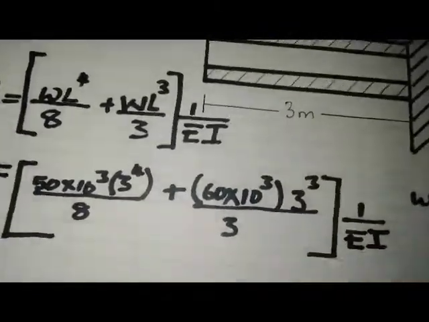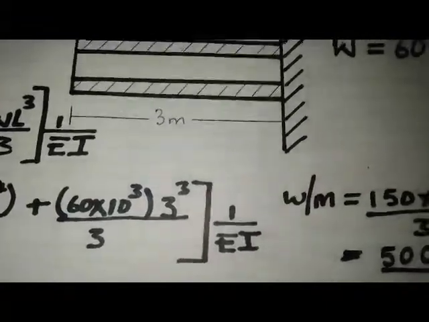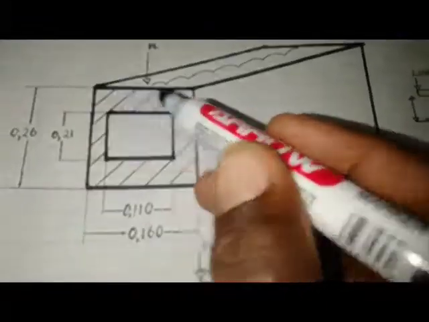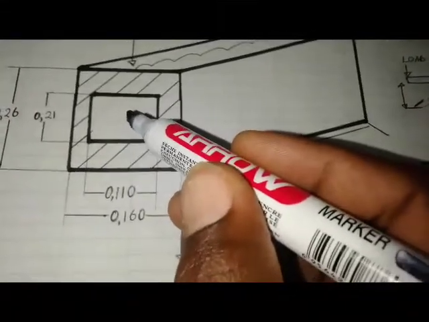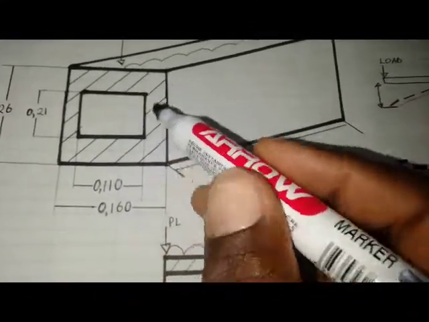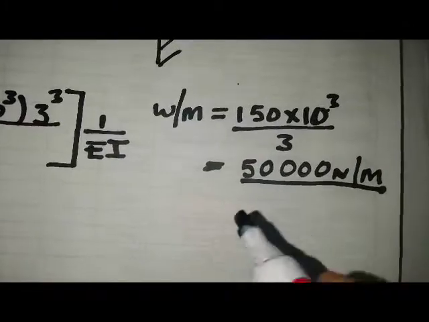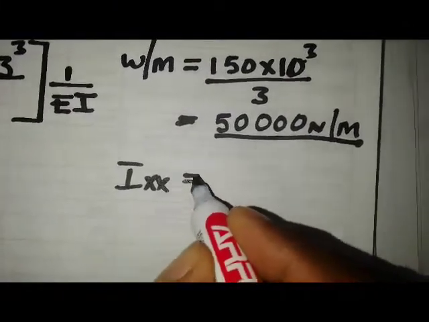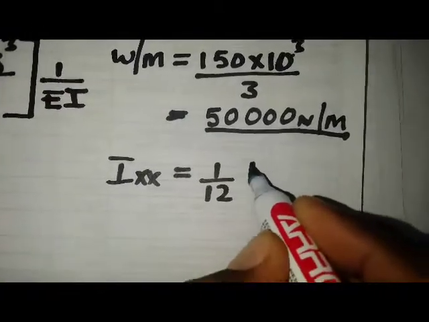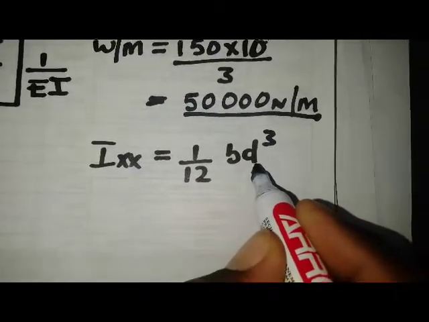E is the modulus of elasticity, and this is the moment of inertia. We don't have I, so we're going to solve for I. We've got the solid part, and then this space here, this void. We have these two rectangles. We know that for Ixx, for solid rectangles or squares, Ixx is 1 over 12 bd cubed, where b is the base and d is the height.